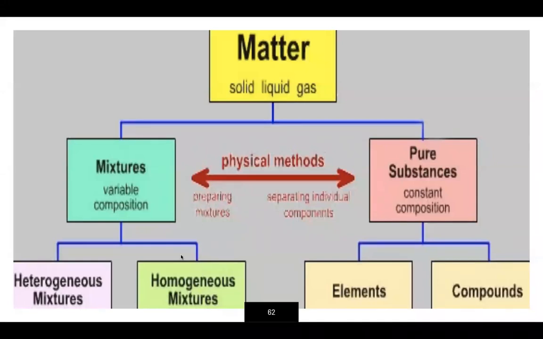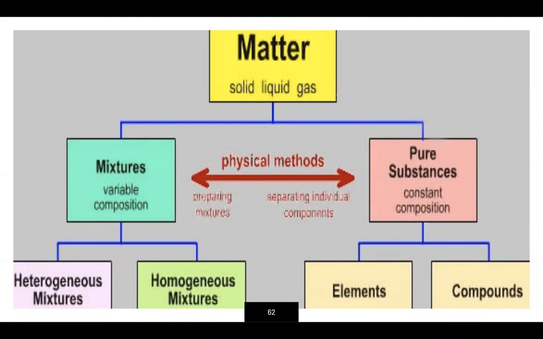This is actually a very good picture just to see it. We have matter at the top. Everything is matter, either a solid, liquid, or gas. And those go into two different categories: mixtures or pure substances. A pure substance, as its name says, has constant composition. Mixtures have variable compositions.